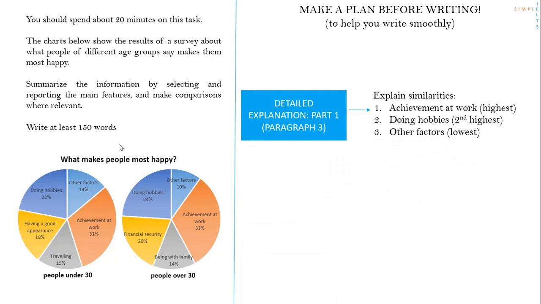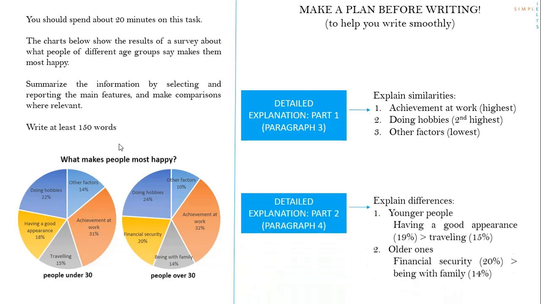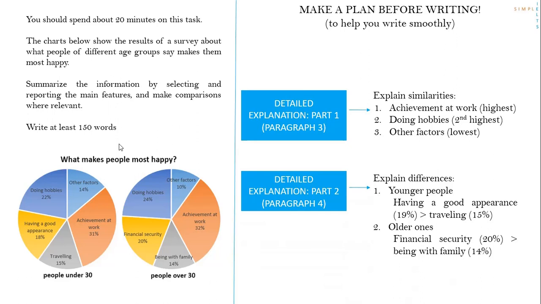And for the detailed explanation part, for the third paragraph, you can explain the similarities. The achievement at work, which ranks the highest, doing hobbies, second highest, and other factors, the lowest. For paragraph 4, you can explain the differences. For younger people, having a good appearance is more important than traveling, 19% compared to 15%.